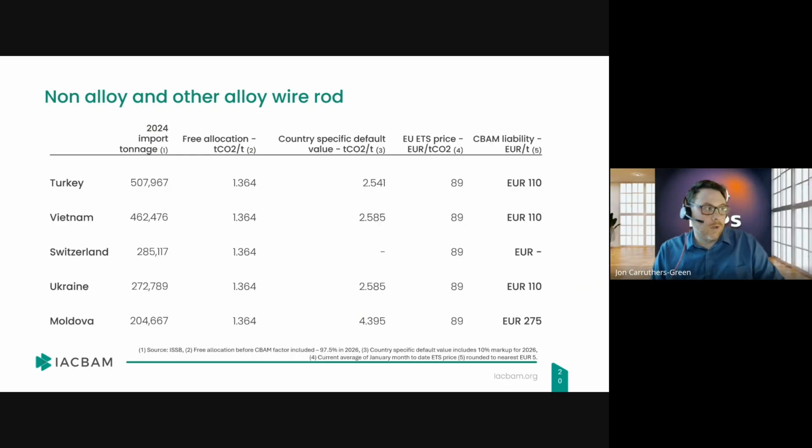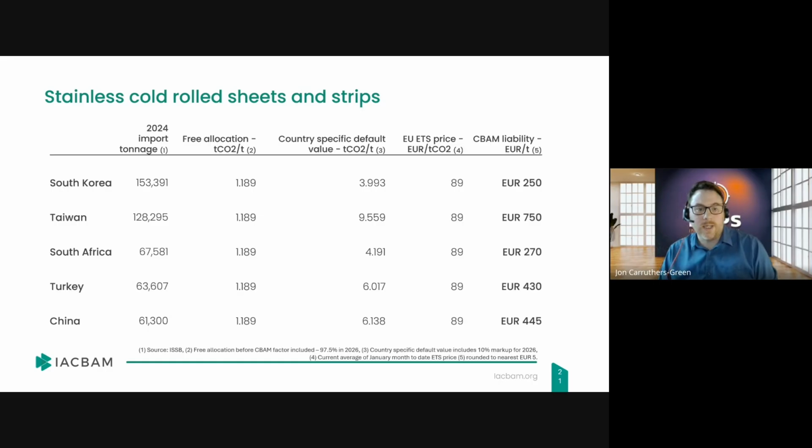And then the final one I'd like to show you of these examples is stainless steel. This is stainless cold rolled coil. The reason for showing you this one, not just for our stainless purchasing friends, is that I think you can probably notice there's one figure here that stands out like a sore thumb.